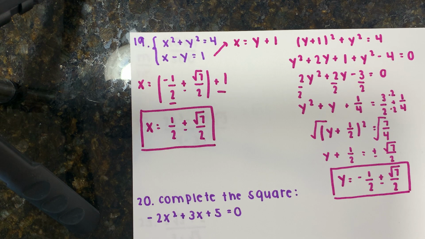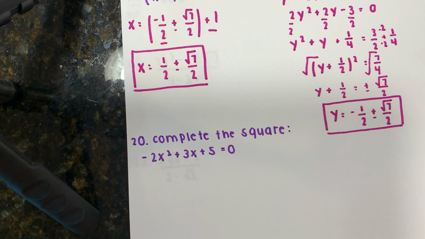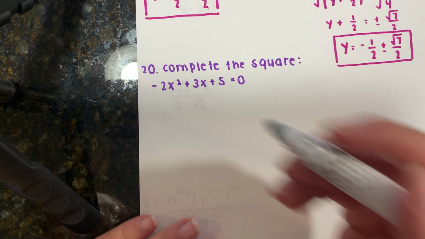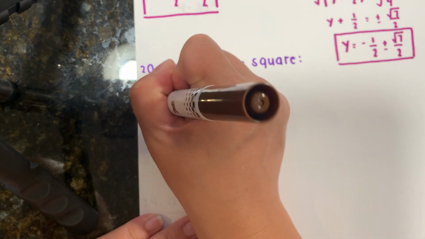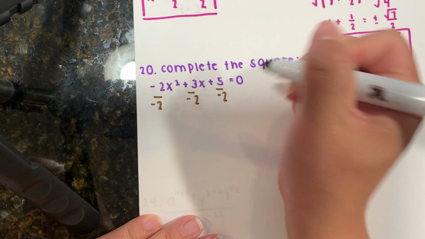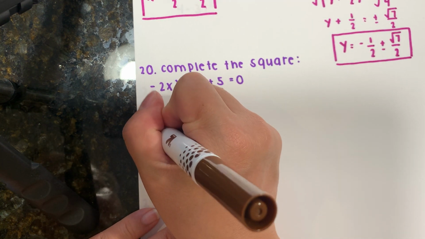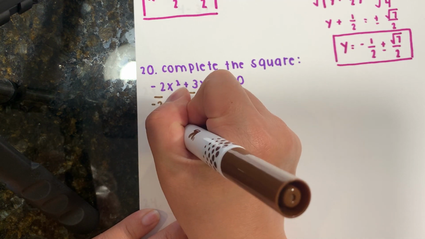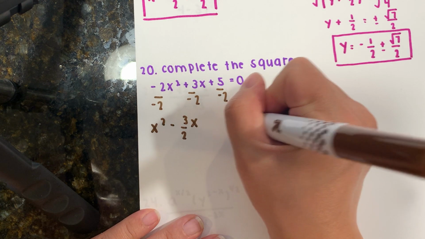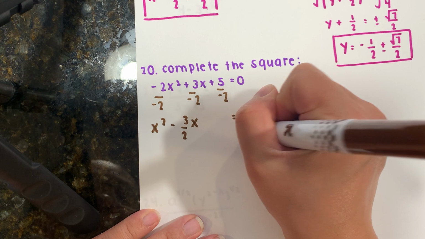Now for number 20, we're solving by completing the square, which is exactly what we just did on the last problem. So you're going to start by dividing everything by negative 2. And I'm going to move the 5 over 2 to the other side. So I get x squared minus 3 over 2x equals 5 over 2.